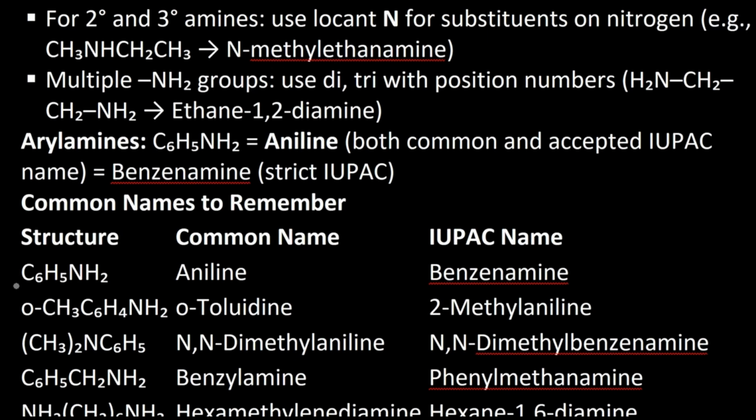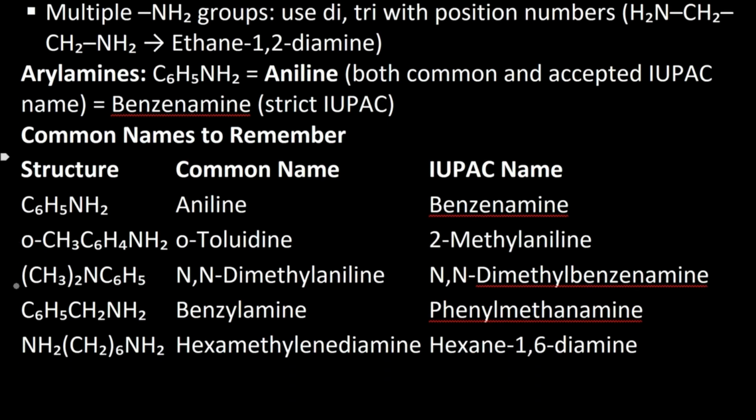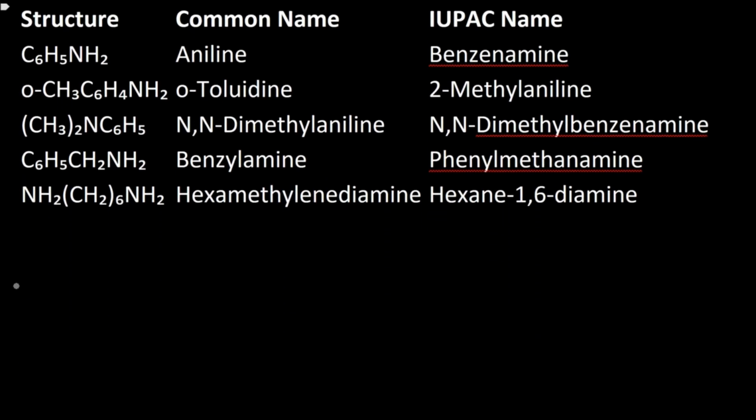For secondary and tertiary amines, we use N for locating the position and mentioning which group the N is attached to. Similarly, it applies for tertiary as well. See the common name and IUPAC name: this is aniline, ortho-toluidine, which is 2-methylaniline, and N,N-dimethylaniline. So aniline is there and two methyl groups are also present.